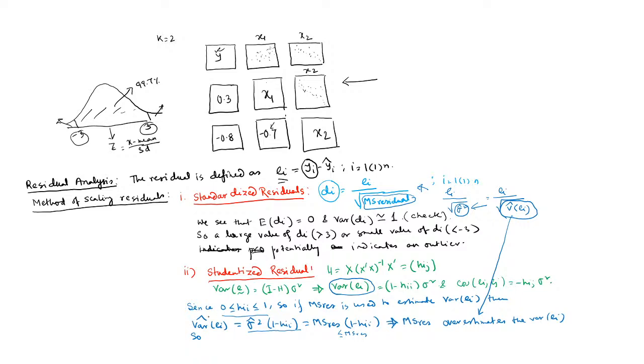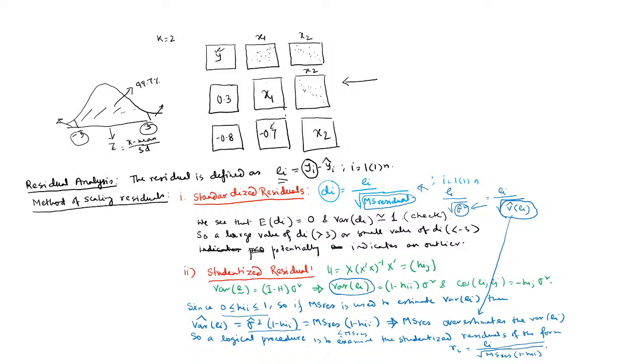So a logical procedure is to examine the studentized residuals of the form r_i equals e_i divided by root over MS residual times (1 minus h_ii).